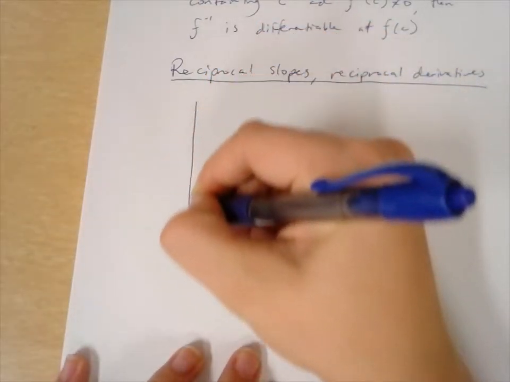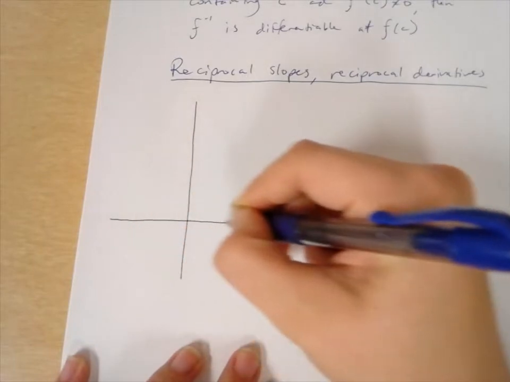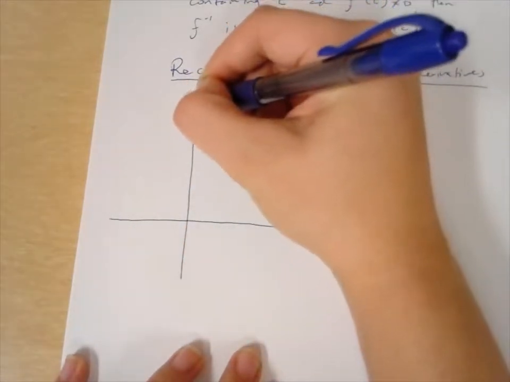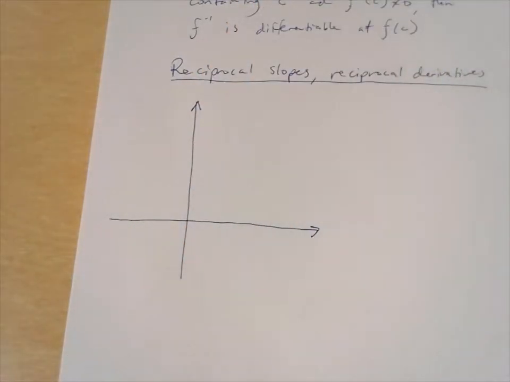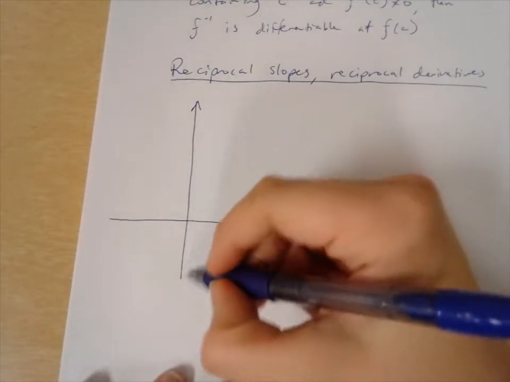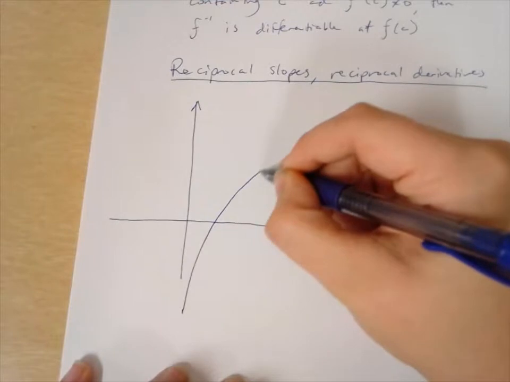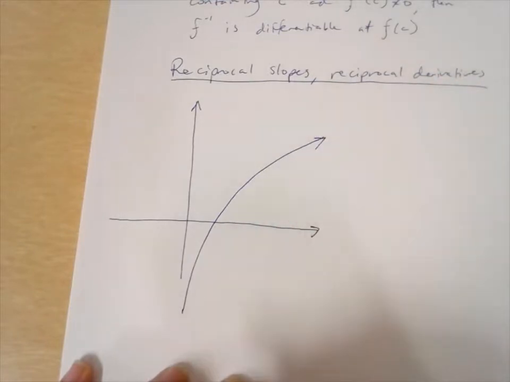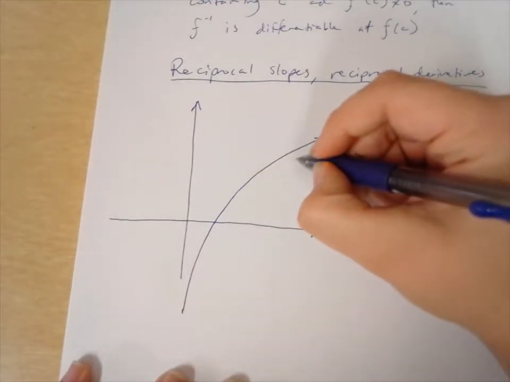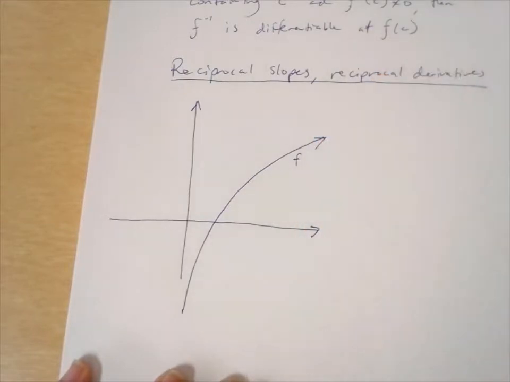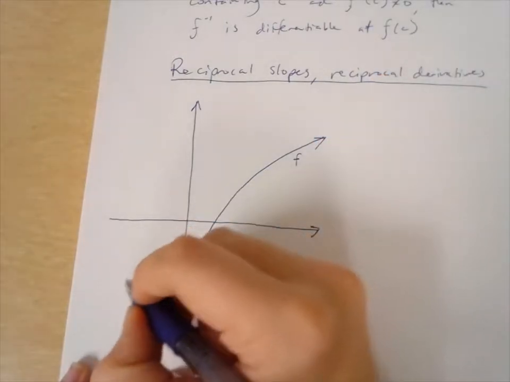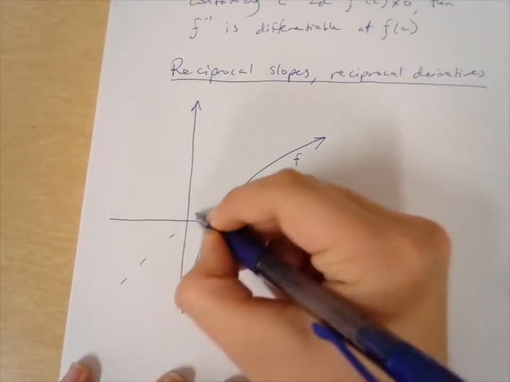If we take a look at some make-believe graph, let's use this as our coordinate plane, and let's make some curves here. Maybe this is our function f. Then here's the line y = x.